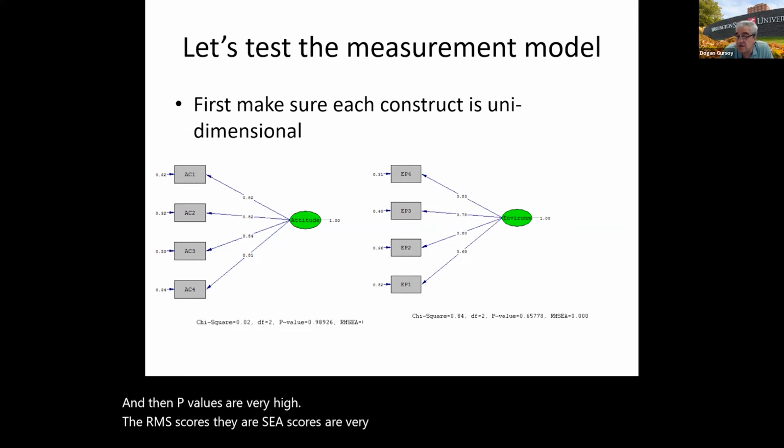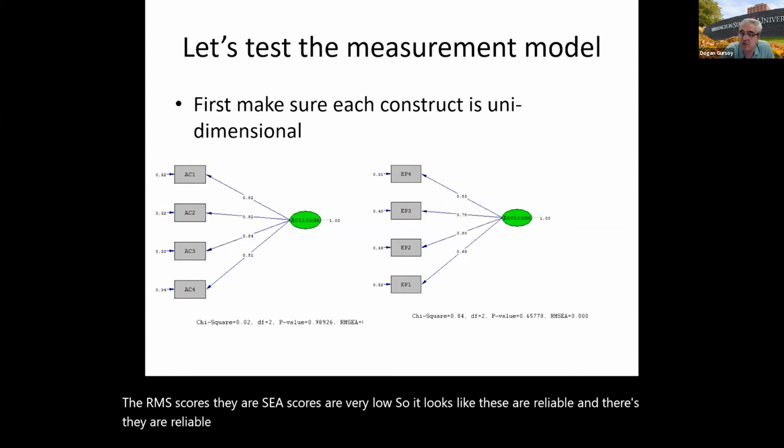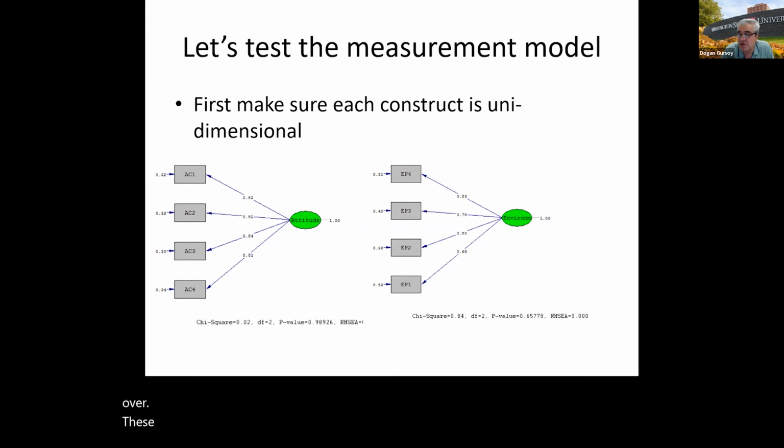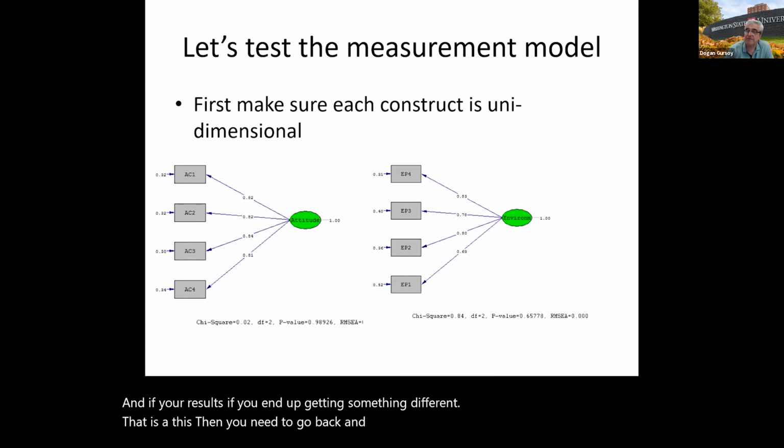So it looks like these are reliable, and they are reliable because they have been used in the field over and over. These are valid measures. If you end up getting something different than this, then you need to go back and look into your data. Seriously.